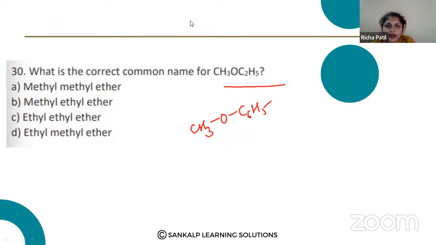This is a methyl group and this is an ethyl group. So E comes first. So it is ethyl, then you write methyl, and then ether. So the name will be ethyl methyl ether. You have to follow the alphabetical order.